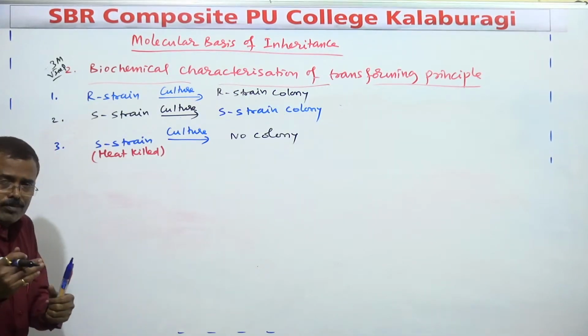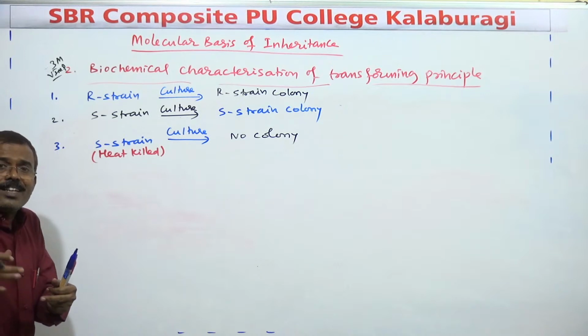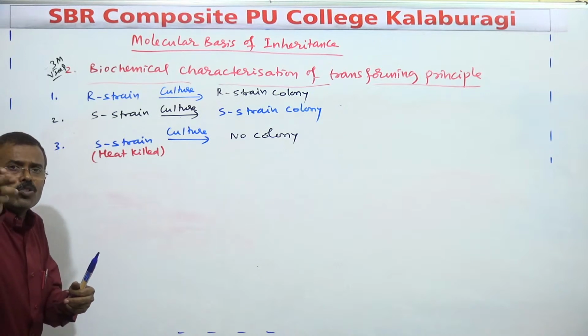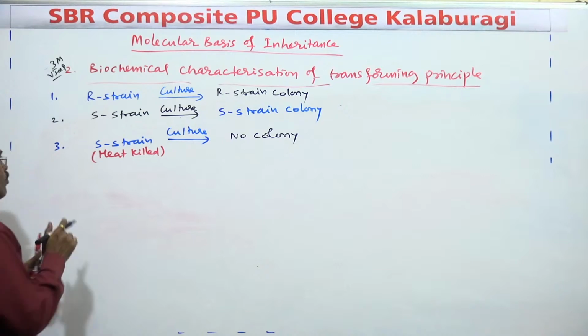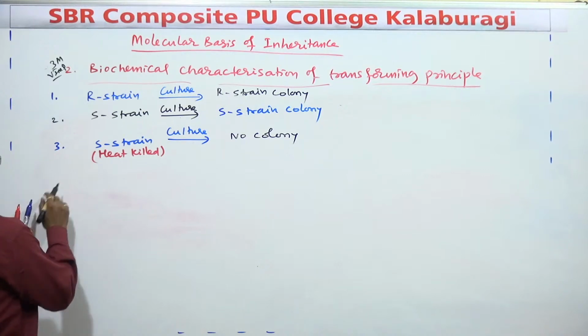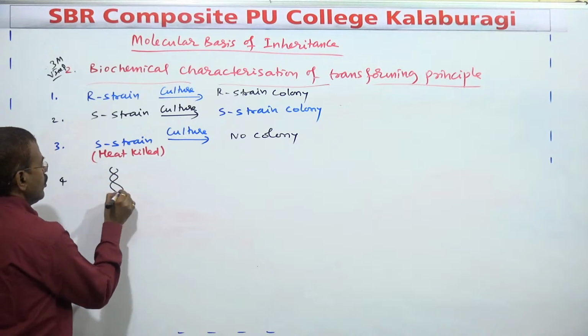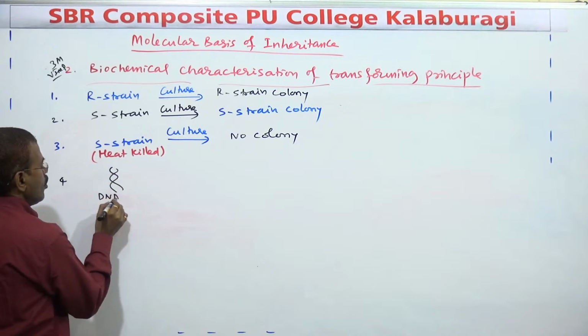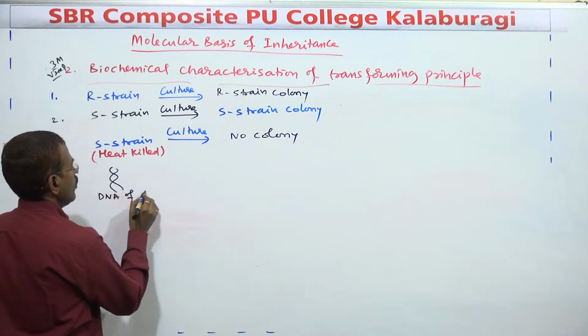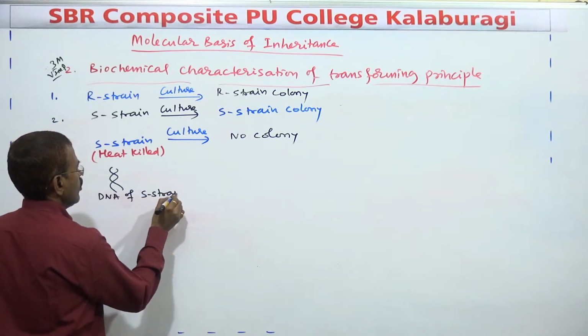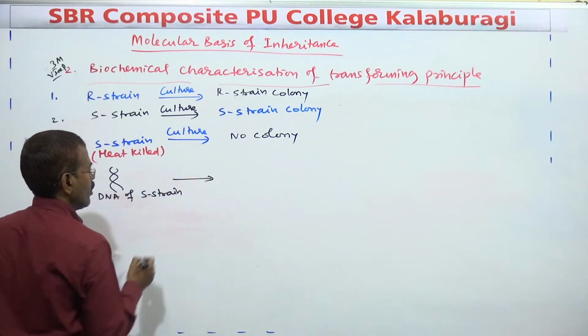This time, they isolated the DNA of the heat-killed smooth strain bacteria.